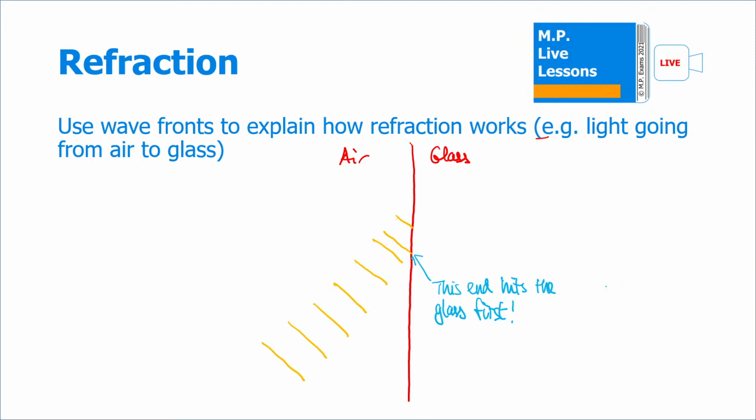That means the right hand side of the wave will slow down first, whereas the left side will continue on going faster. And what you get is this little bending effect here.